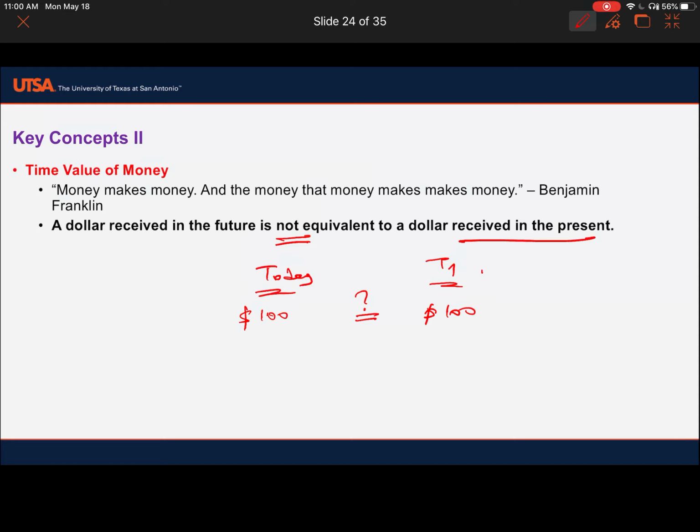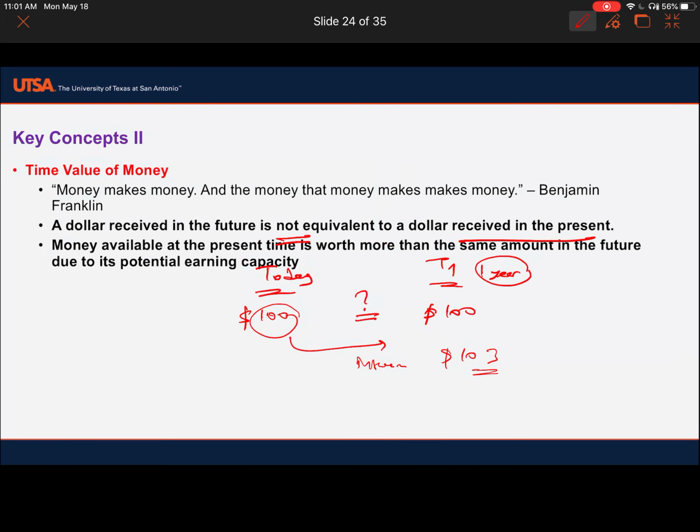Like today, this is today. This is time 1, let's say, 1 year. In 1 year, what do you think? It's not equal because you can earn interest by depositing your money, and you can earn some interest rate, and maybe you can earn 103 or 105.